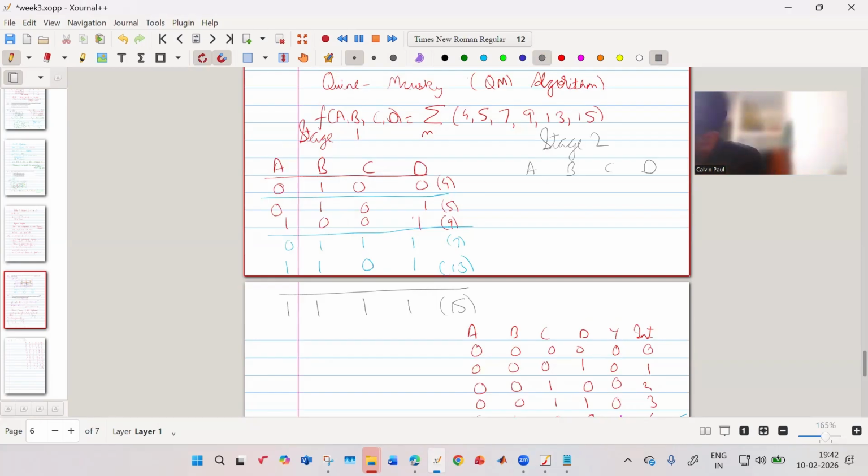First case, you have 0100 and 0101. This is same, this is same, this is same. Only this is changing, this is 0, this is 1. So what you write? 010 underscore. It could be either 0 or 1. This is how you write the first thing.